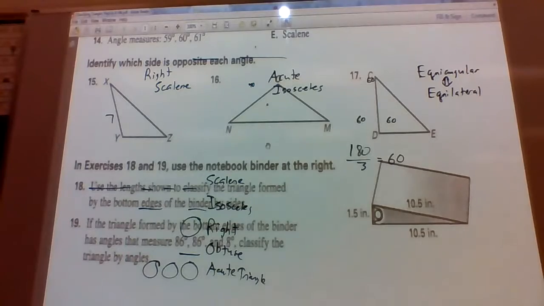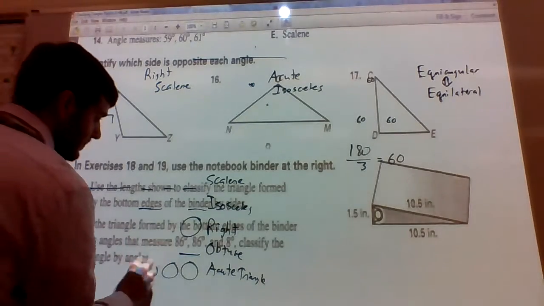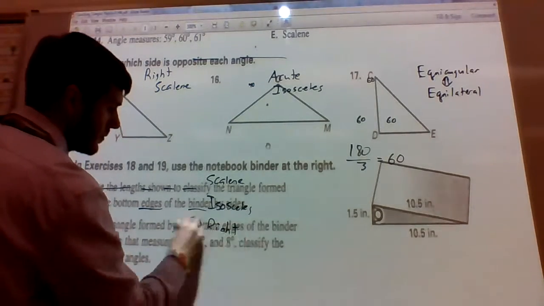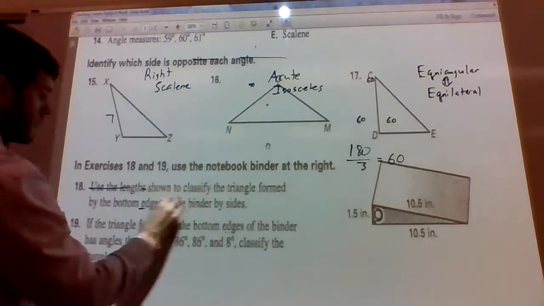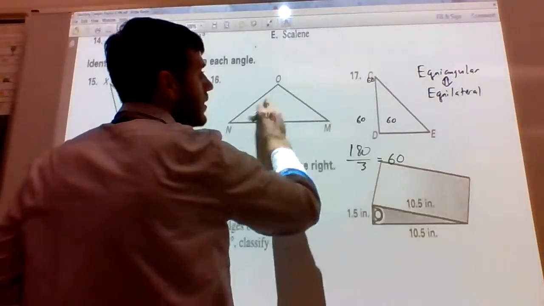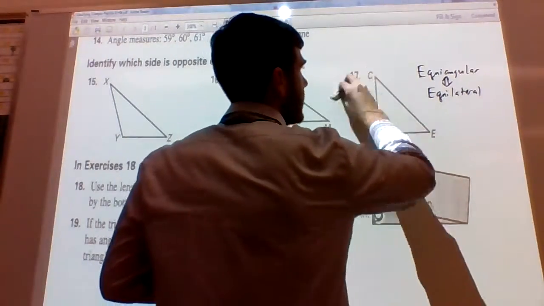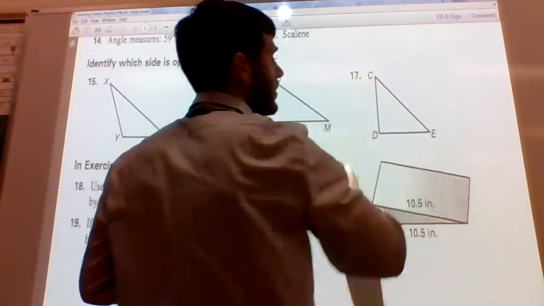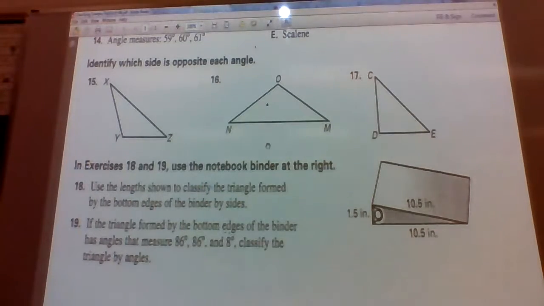So then we have 15 through 19. So identify which side is opposite each angle.